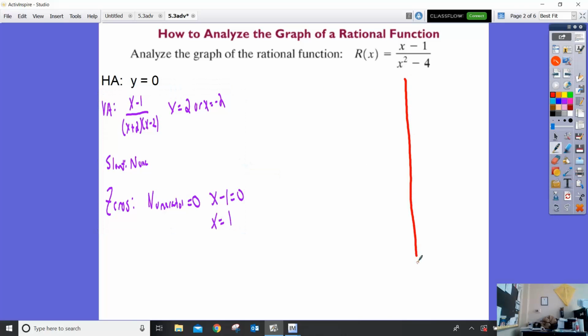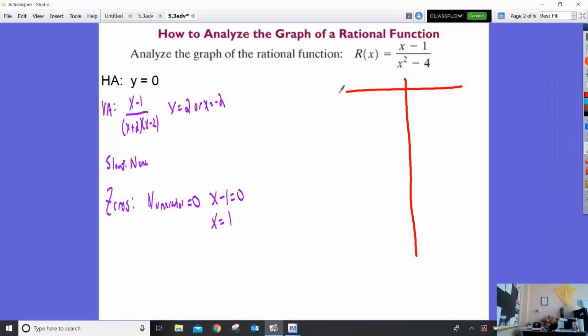Those asymptotes were at plus or minus 2. So what I'm going to do is I'm going to plug in like negative 1.99 and negative 2.01. Because those are close to the asymptotes. I'll put a little note here as to why I'm doing that. The other one was a positive 2. So I'll do 1.99 and positive 2.01.